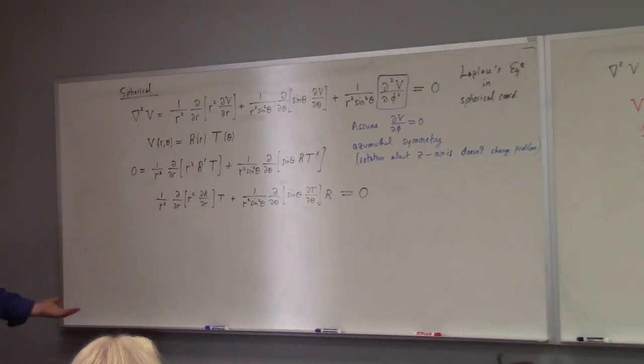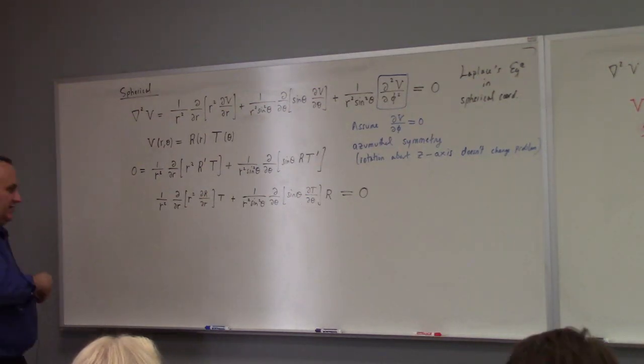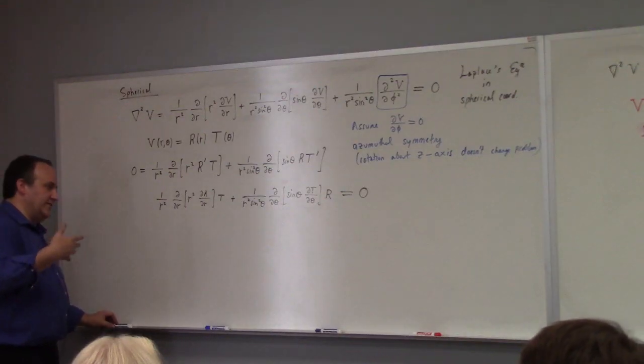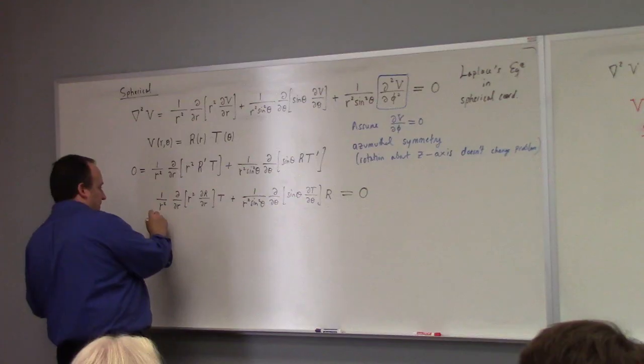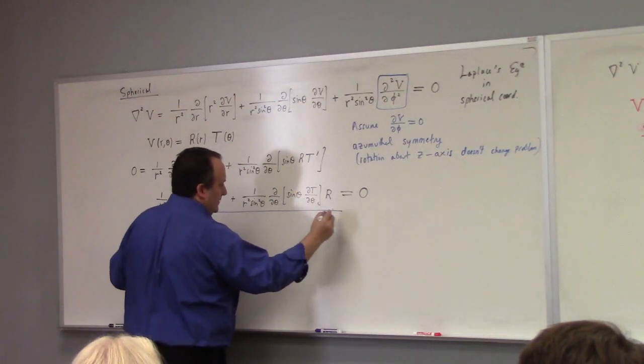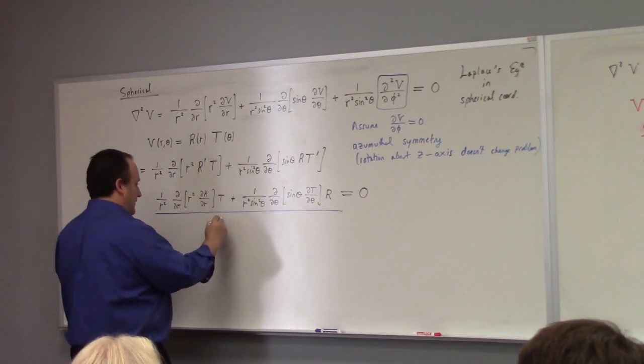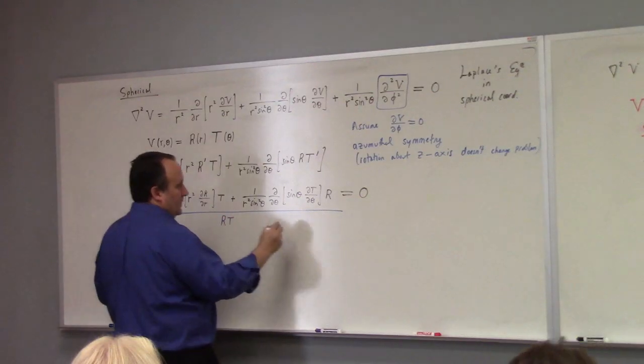Now we do the same thing we've done in like the last 5 examples, which is propose a product solution, plug it in, then you divide by the product solution to discover what are the underlying ordinary differential equations you must solve. So here, I'm going to take all this jazz and divide by RT, right?